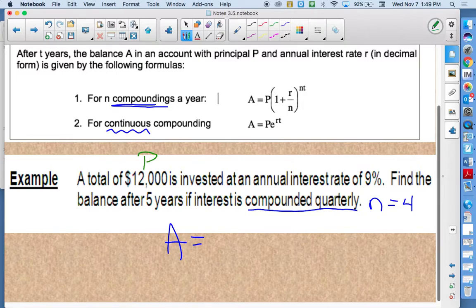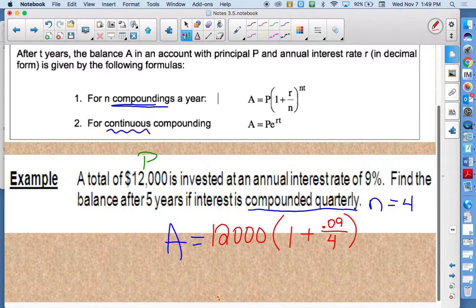Principal is the amount that you are investing, or the amount that you're borrowing for a loan. So that's $12,000. And then the rate as a decimal: our rate was 9%, but as a decimal it is 0.09. And then we're dividing that by n, which she said was 4.